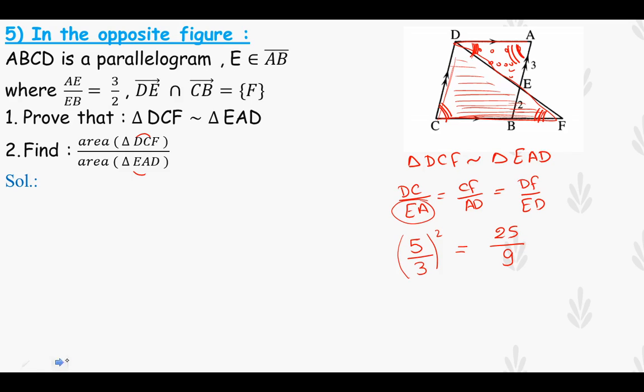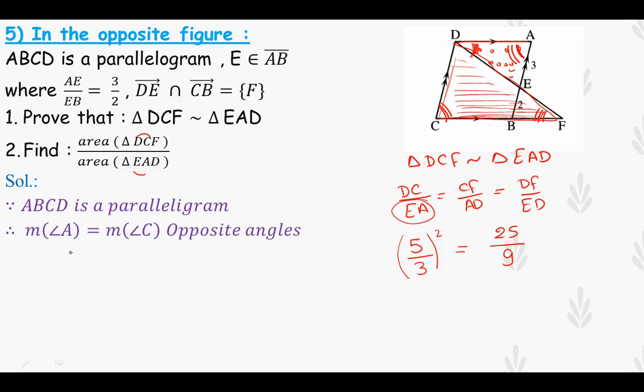Again, let's solve it together by using the PowerPoint. ABCD is a parallelogram, so the measure of angle A equals the measure of angle C, opposite angles. The measure of angle ADE is equal to the measure of angle F, alternate angles. So the two triangles are similar.